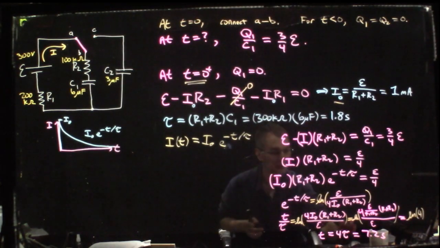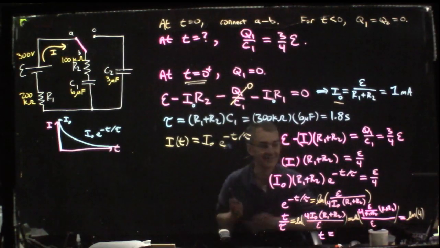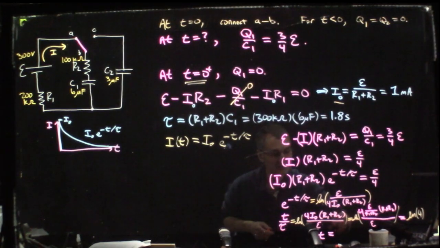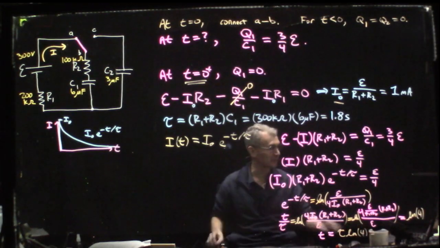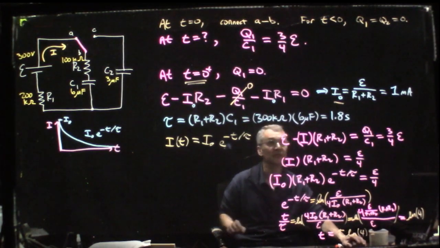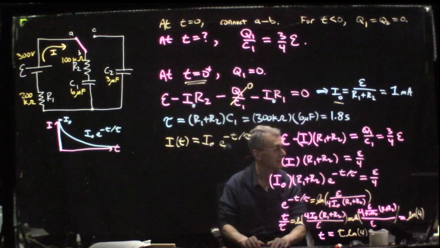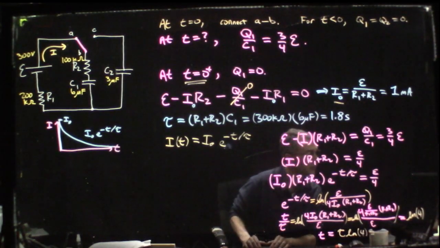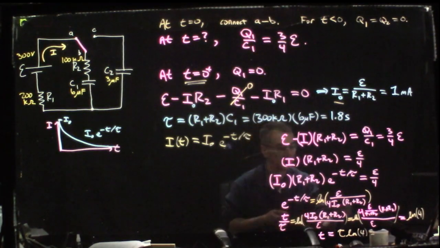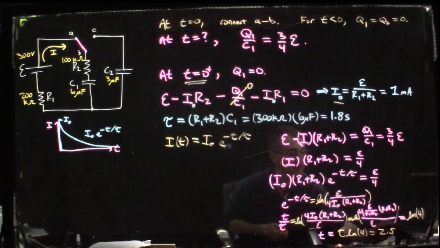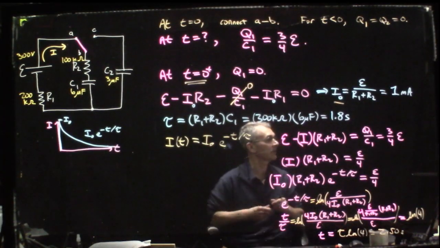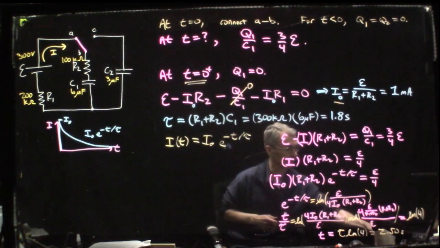So there we go. t is the time constant times the natural logarithm of 4. Okay, I don't know the natural logarithm of 4. So here this is 1.8 times log of 4. I asked Python that. It says 2.495 seconds. So 2.50 seconds. All right. Cool.